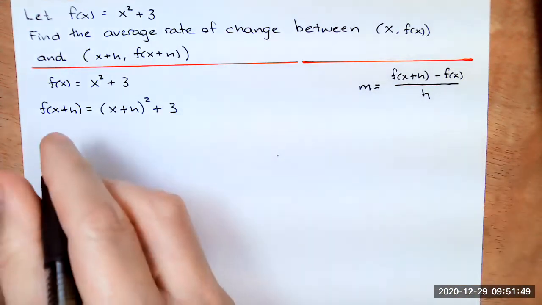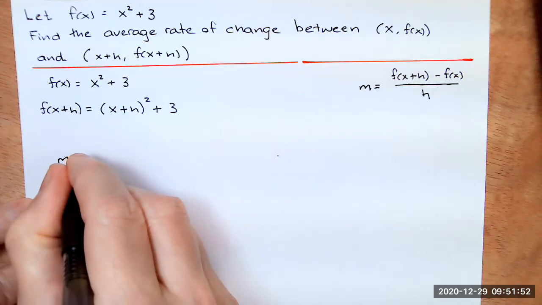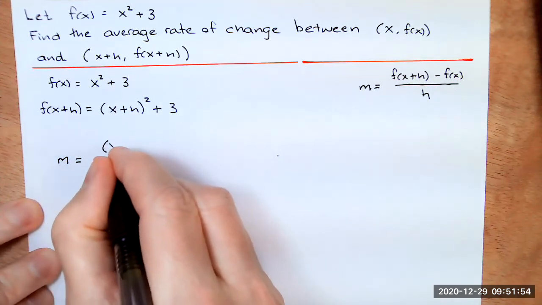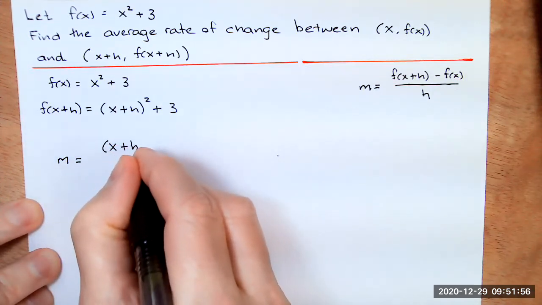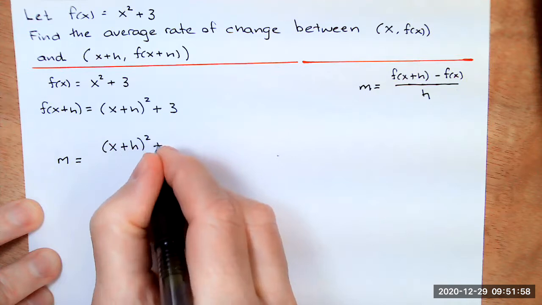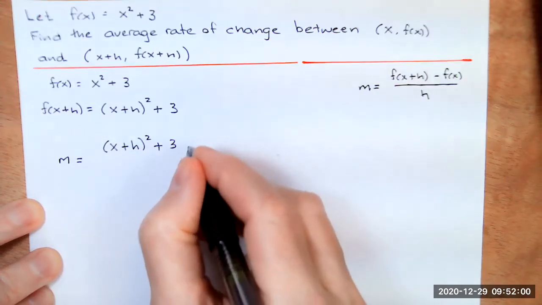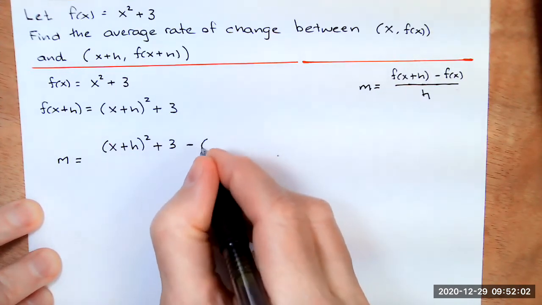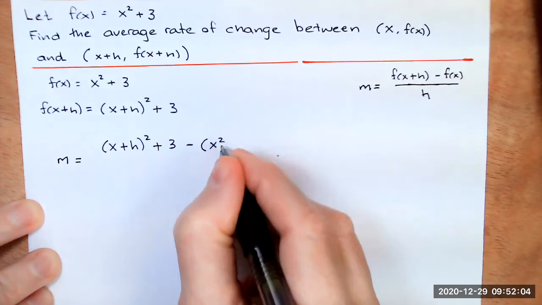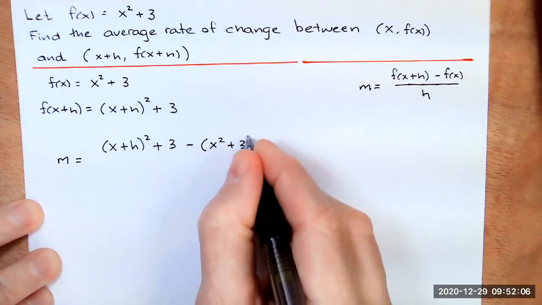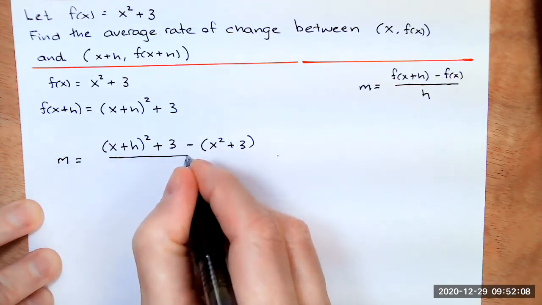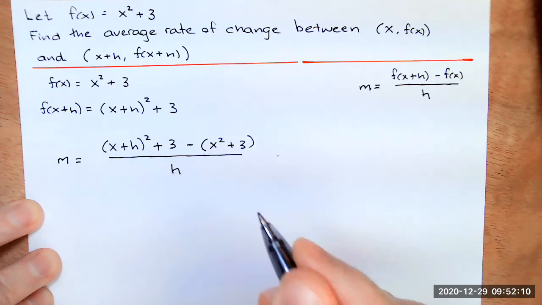So the average rate of change is just x plus h squared plus 3 minus, I'm going to use parentheses because there's more than one term, x squared plus 3, all over h.